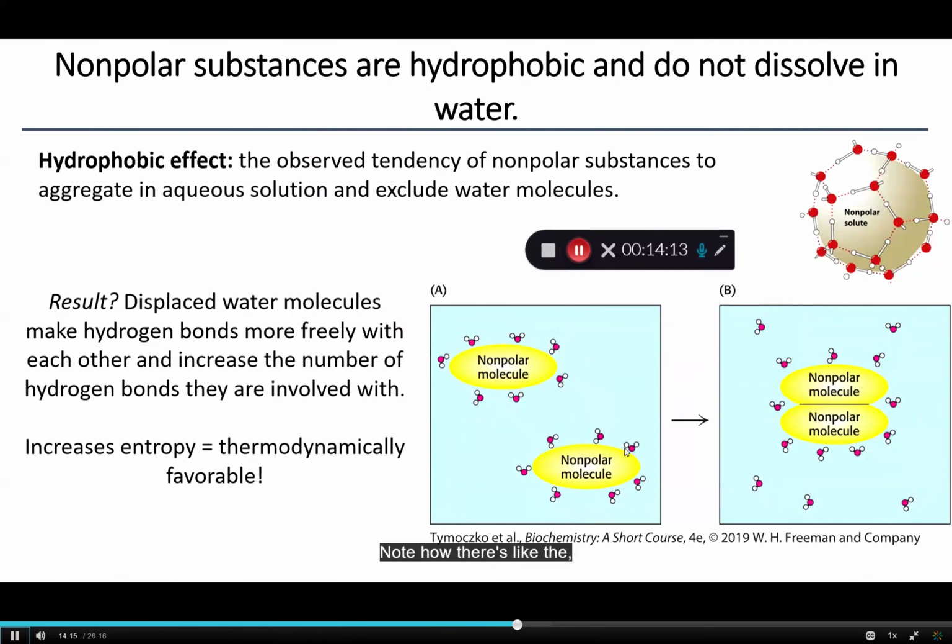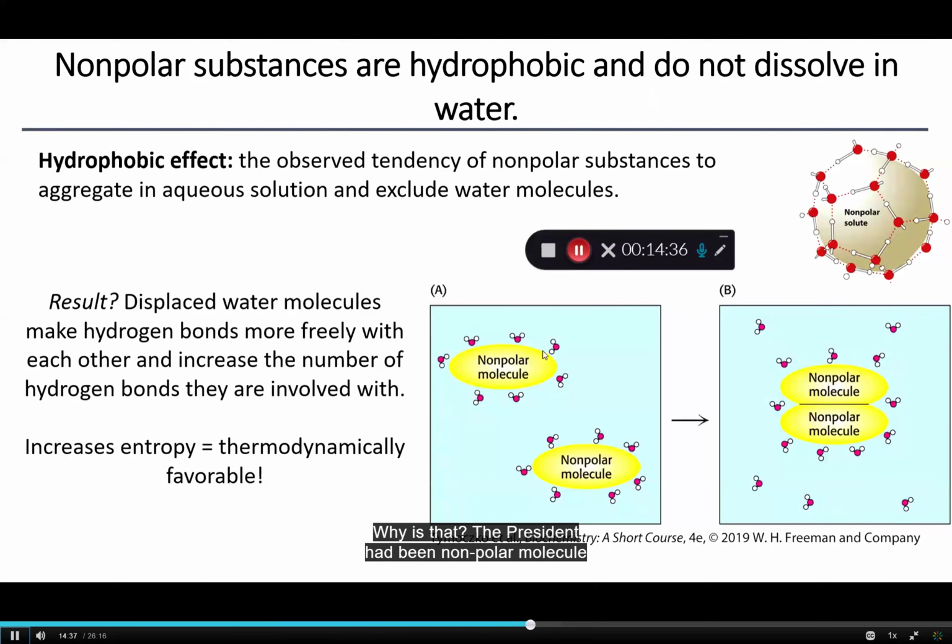Note how the oxygen is pointing towards it here, the hydrogen is pointing towards it here. It can't really form hydrogen bonds, and so it can't really dissolve in this. And so what's going to happen here is nonpolar molecules together in an aqueous environment are going to come together to form a much larger droplet.